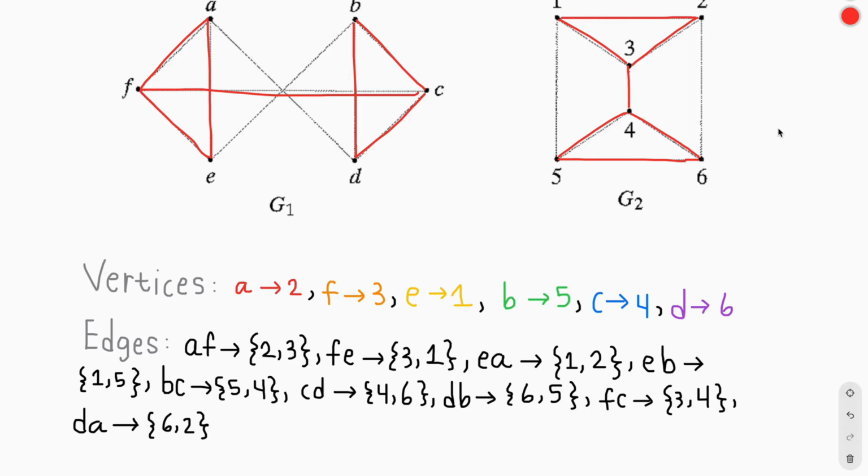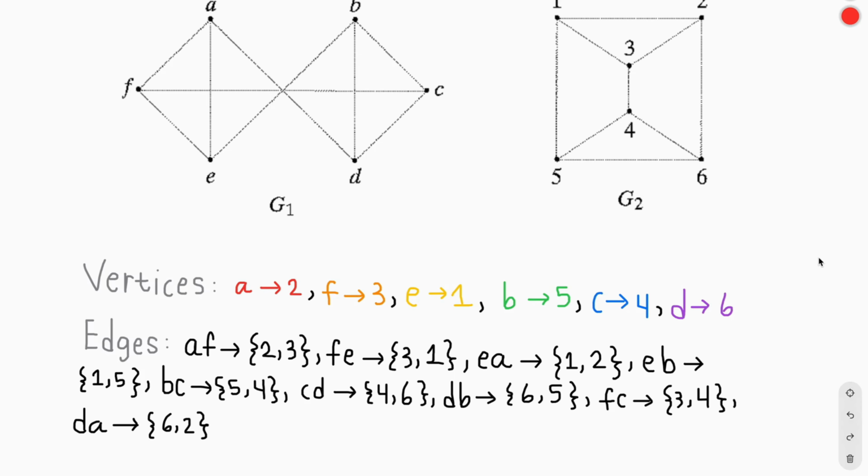Alright, so let's get rid of those lines, and using what we've seen, let's maybe try to map. But before we do map, using what we saw in our non-example, we should check to see if these graphs have the same number of vertices and edges. So if I look at G1, let me just circle 1, 2, 3, 4, 5, 6 vertices, and in G2 they're already numbered, so I can see I also have 6 vertices here.